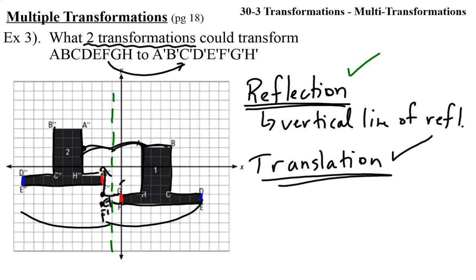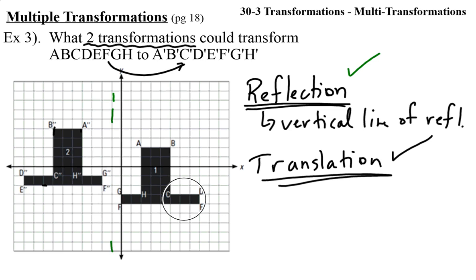Now in this case, instead of reflecting first, it would also be possible to translate everything up first. If I went everything up, well, there's A prime, B prime, G prime is now going to be up. By translating up to start, now I can do my reflection. A prime becomes A double prime.